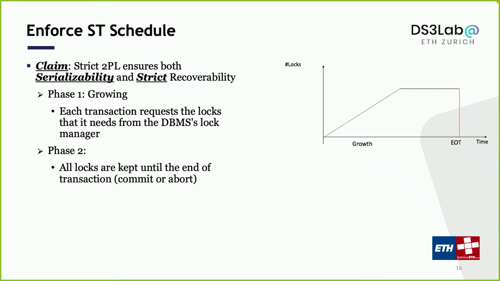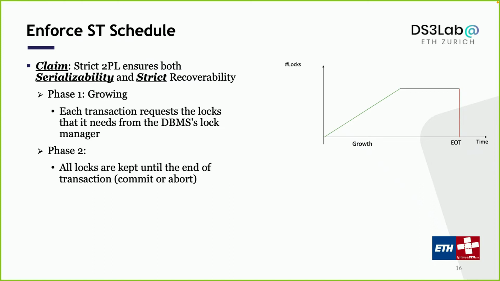Just to refresh our memory: when you have strict two-phase locking, you have two different phases in the transaction. The first phase is a growing phase, where you can keep acquiring locks on objects.